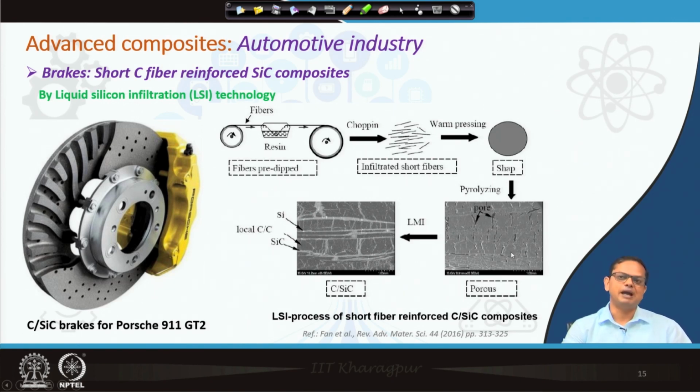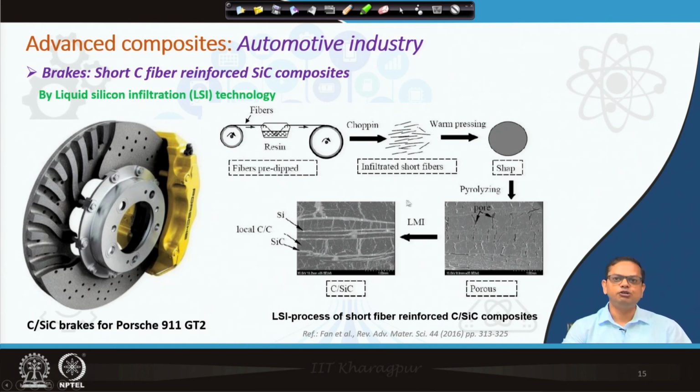Now, what will happen with the resin? If you remember carbon fiber synthesis, resins could be used, or polyacrylonitrile, or PVC could be used. Those go through a pyrolysis process and ultimately lead to the formation of carbon. So, that is what is happening here. It forms a carbon-carbon composite material initially, and obviously it will have a lot of porosities.